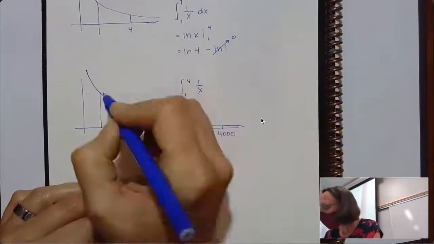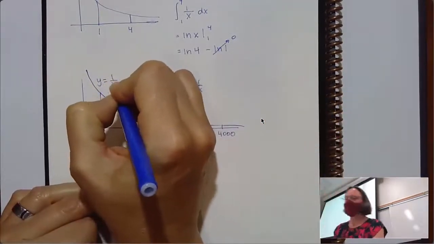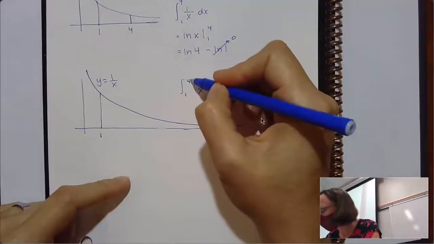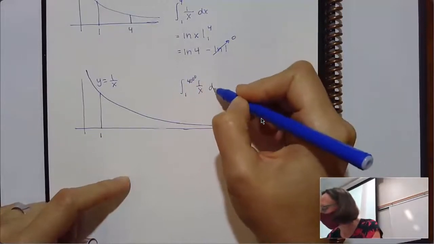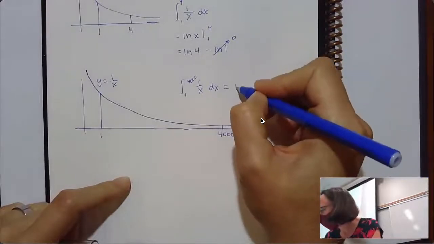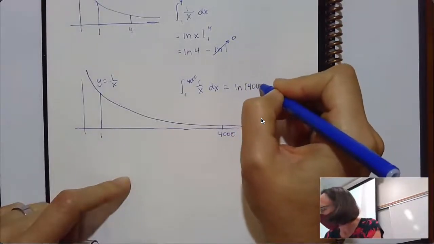It is the same function, 1 over x. Should have told you that. It's still 1 over x, but instead of going to 4, I'm going to 4,000. So we're going to do the integration and we're going to get natural log of 4,000.